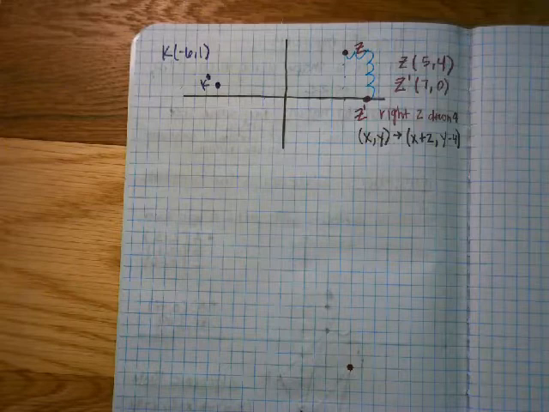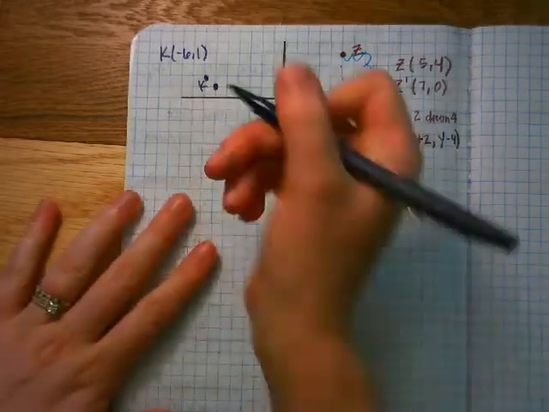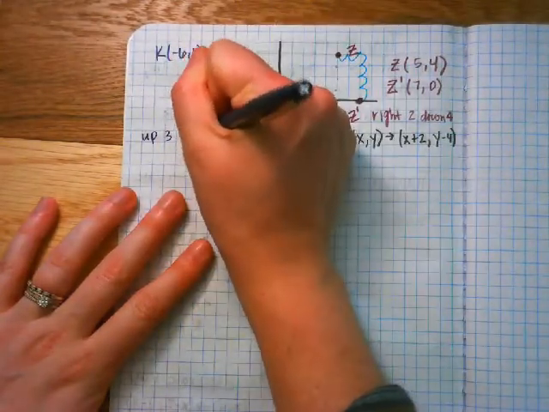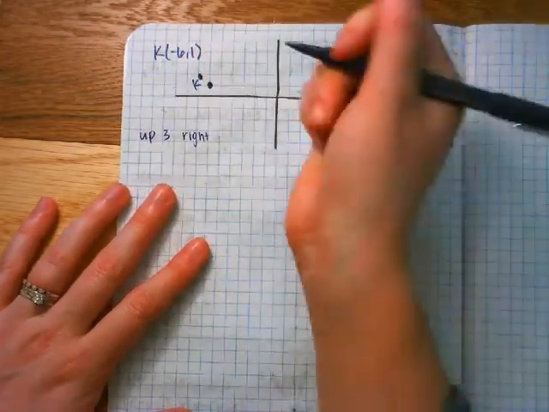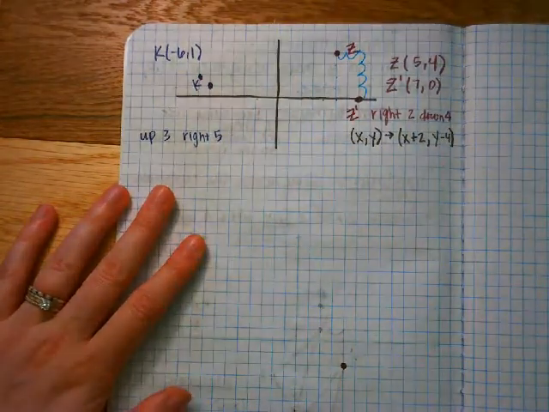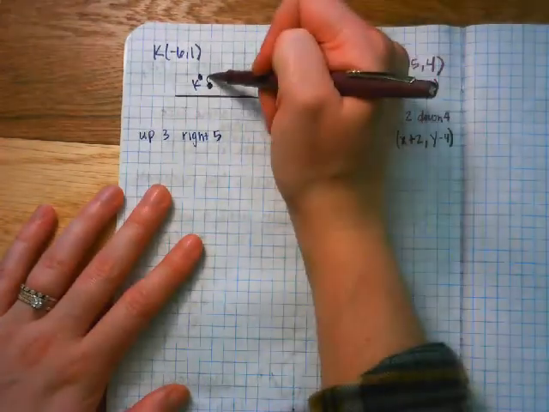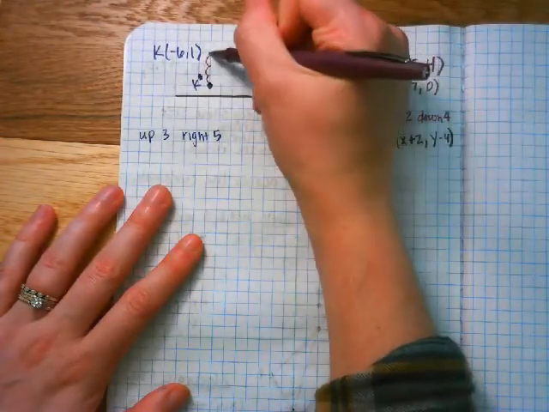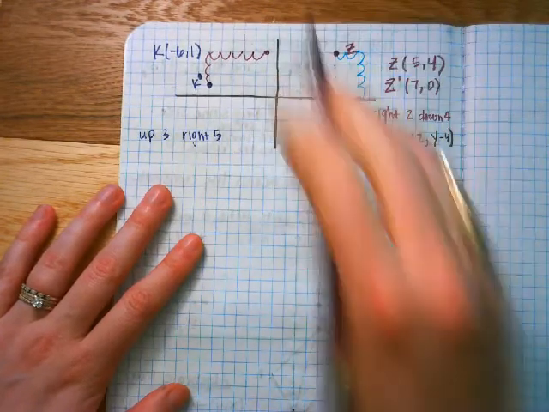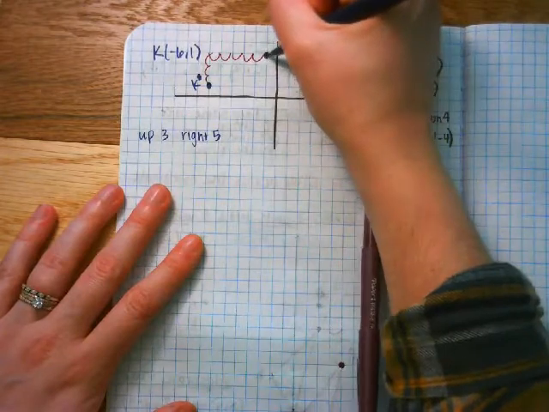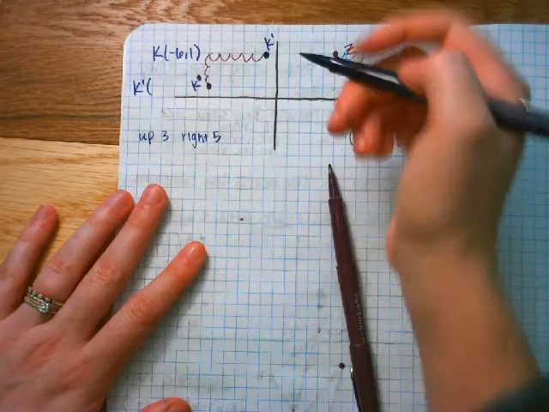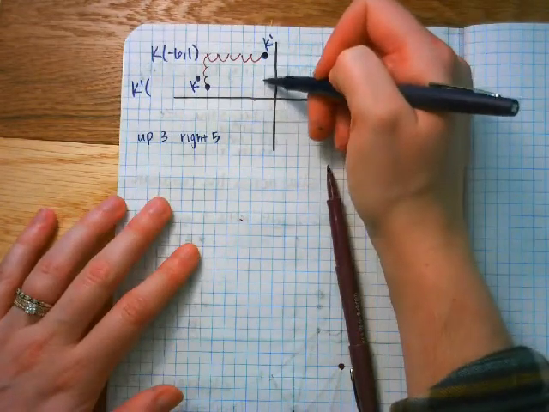Okay, and let's go up 3, right 5. All right, up 3 and right 5. So I'm going to go up 1, 2, 3, and then I'm going to go right 1, 2, 3, 4, 5, and I put my new point, and this is my K prime, and K prime is now at -1, 4.